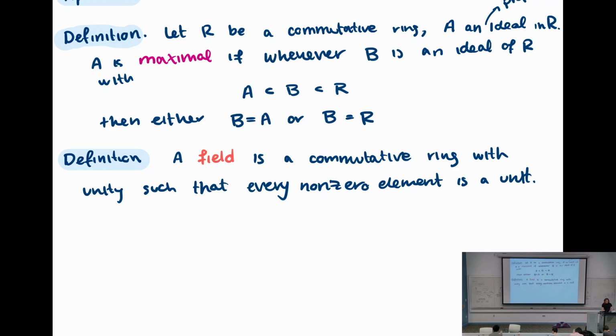Some common examples that you are familiar with are the complex numbers, the rational numbers, the real numbers, and Z mod P is also a field. Are there questions about this definition?